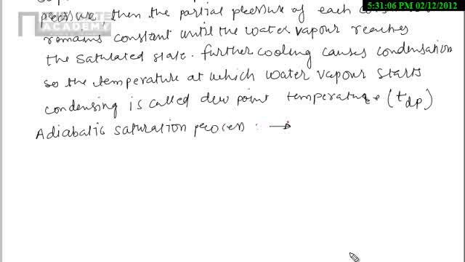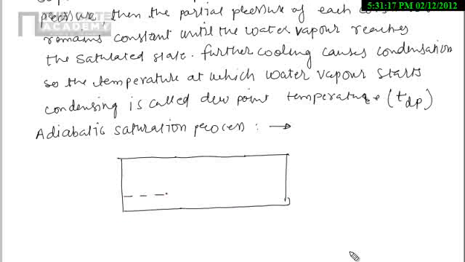In the adiabatic saturation process, I am just giving a brief idea of what will happen. It's an insulated chamber that is partially filled with water, and unsaturated air is going into this chamber.